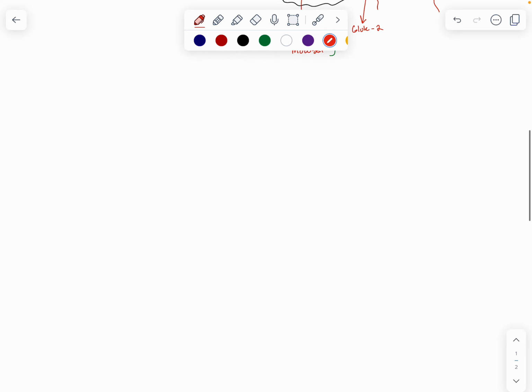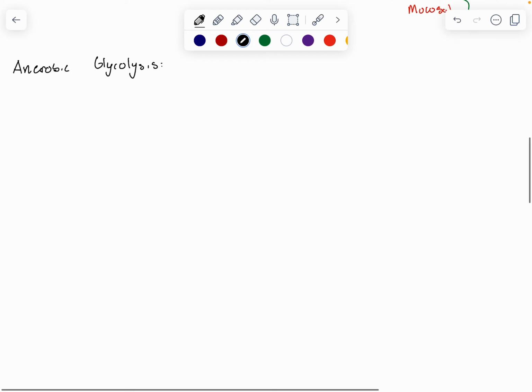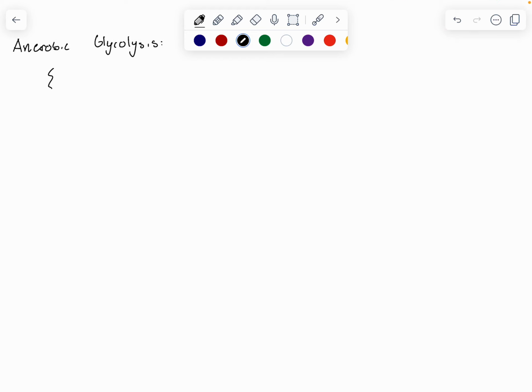Well, the first pathway we're going to be talking about is anaerobic glycolysis. So glucose, this is just going to act as our little bloodstream. Glucose is going to exit our bloodstream, turn into G6P.